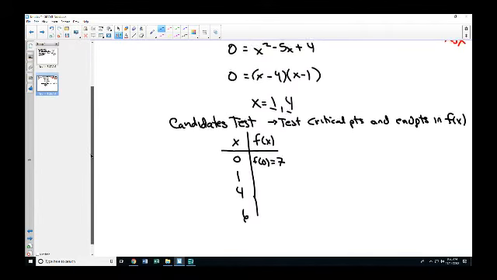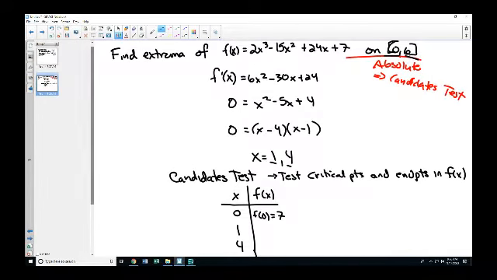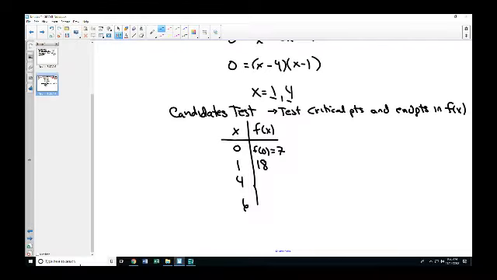And then f at 1? 2 minus 15, negative 13, plus 24, 11 plus 7, 18. Am I right? Okay, put 4 in. We're working with f of x, not the derivative.